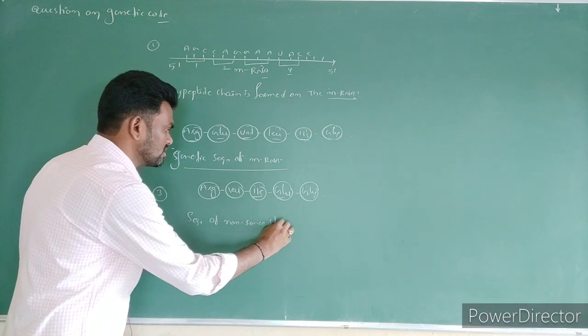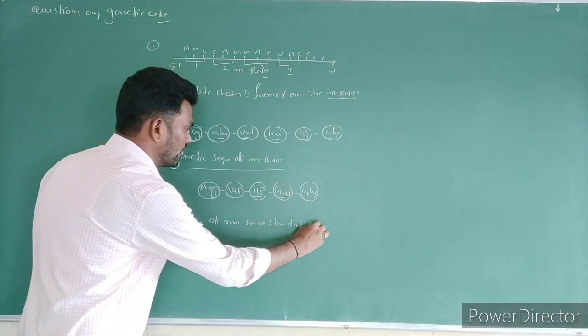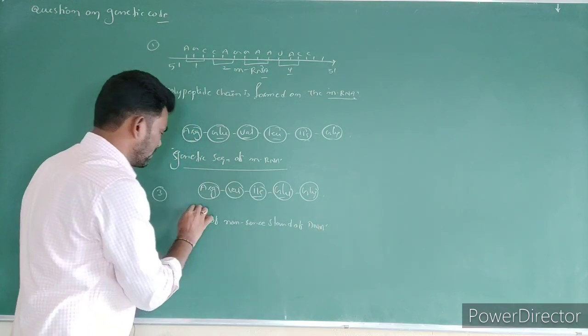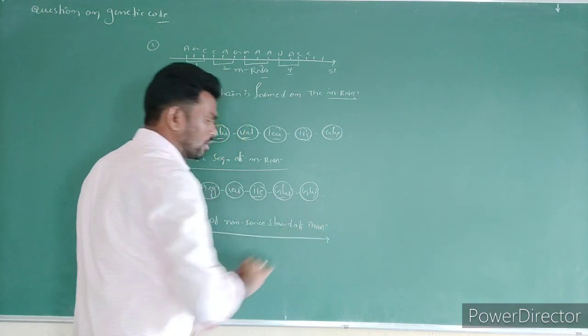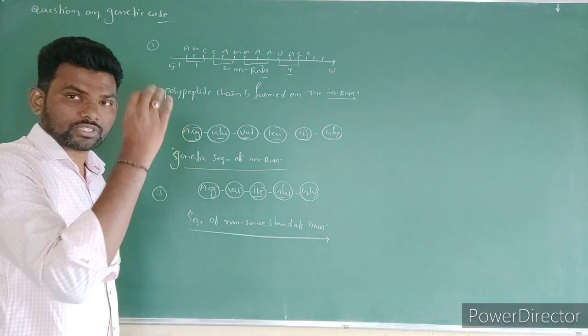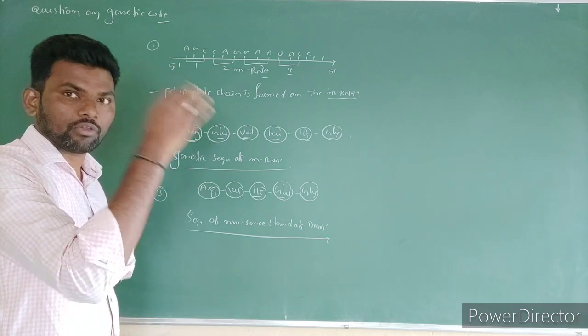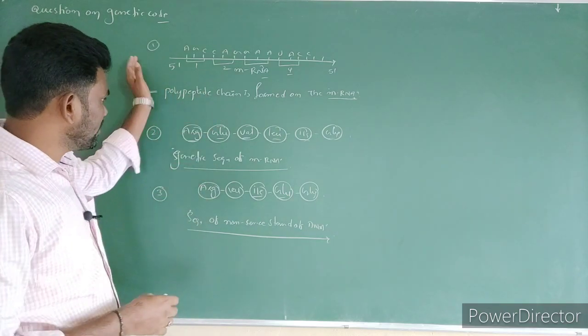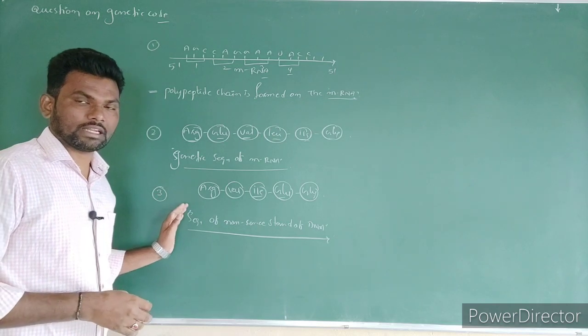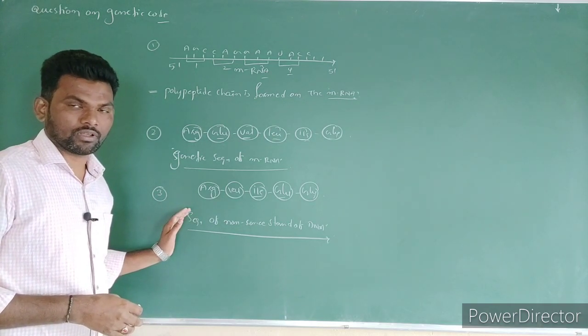Based on this polypeptide chain, you have to write the genetic sequence of the nonsense strand of DNA. So this is the way of asking questions in the NEET exam as well as the CET exam.